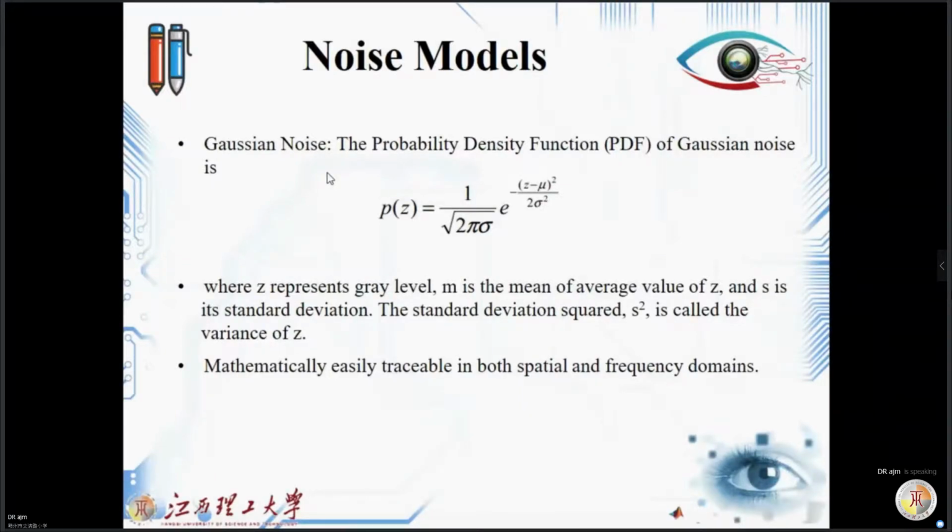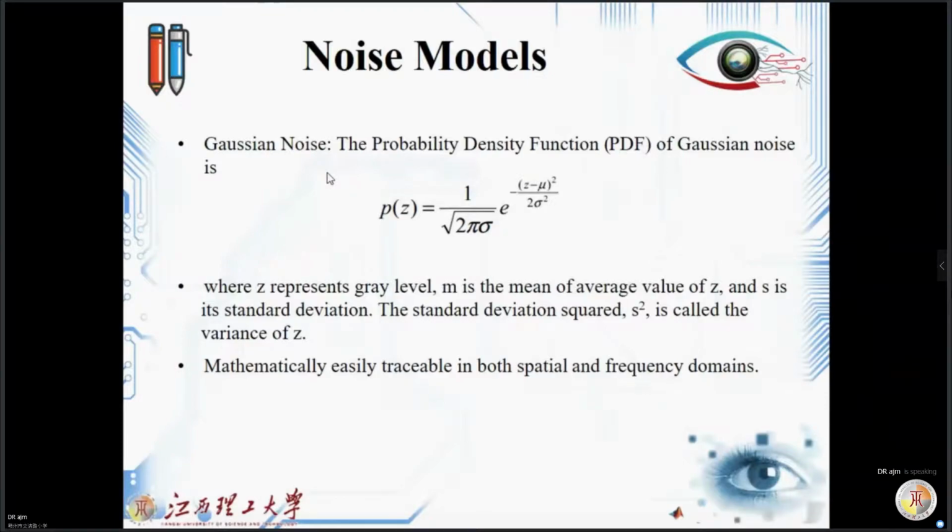In the formula I gave you, z represents the gray level, m is the mean, or average value of z, and s is its standard deviation.